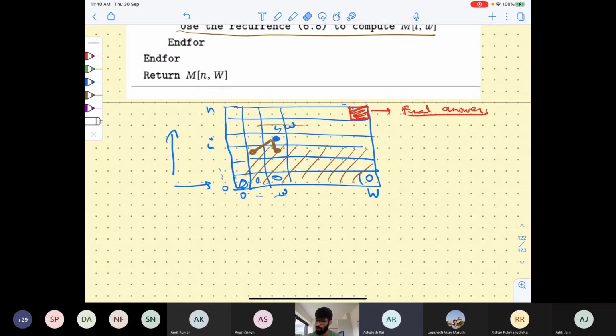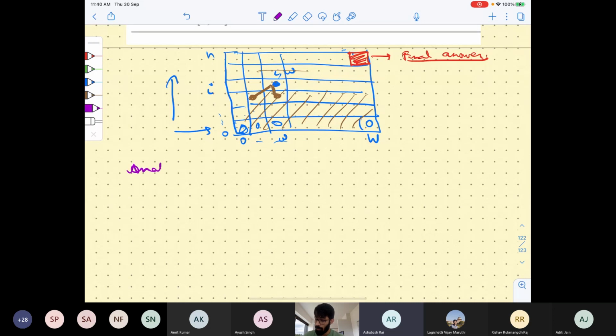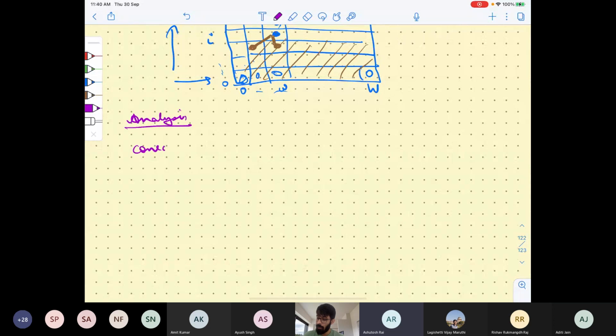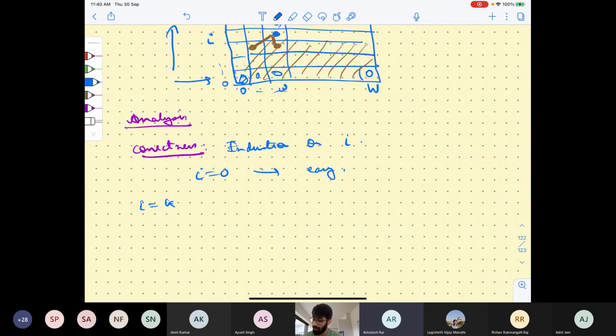And of course, let's do a quick analysis. As I said, correctness first, and correctness follows by induction on i. The base case i equal to 0 is easy. Now suppose i is equal to k, or let's say till i it has been computed.